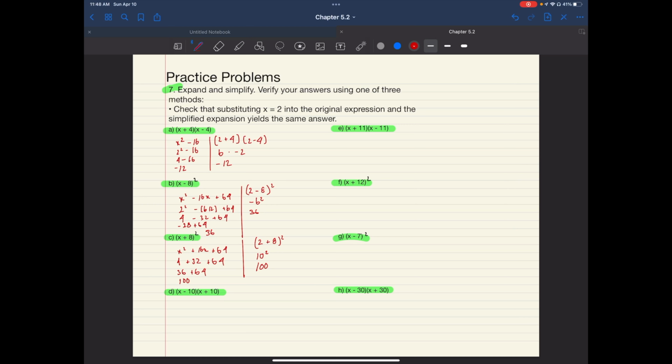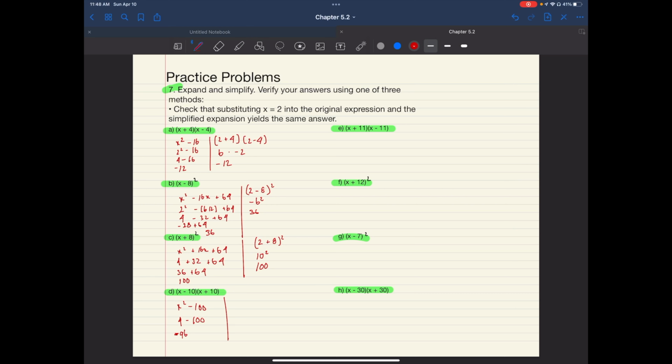D. So let's simplify x squared. And then we know this is going to be plus and minus 100. So that's going to be 4 minus 100, negative 96.